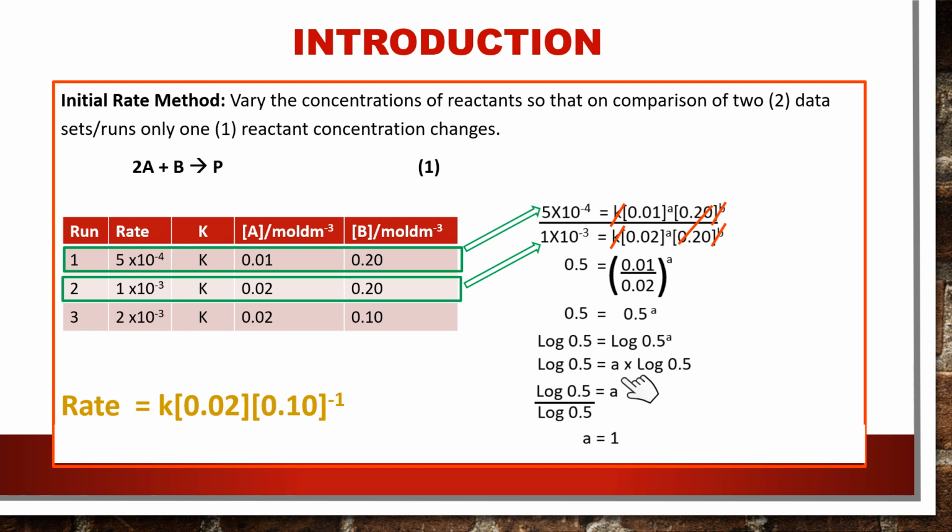Making the order with respect to A the subject of the formula gives the order with respect to A as 1. In order to find the order with respect to reactant B, we do the same thing. Let's look at the data given to see which two runs only the concentration of B changes and perform similar calculations.